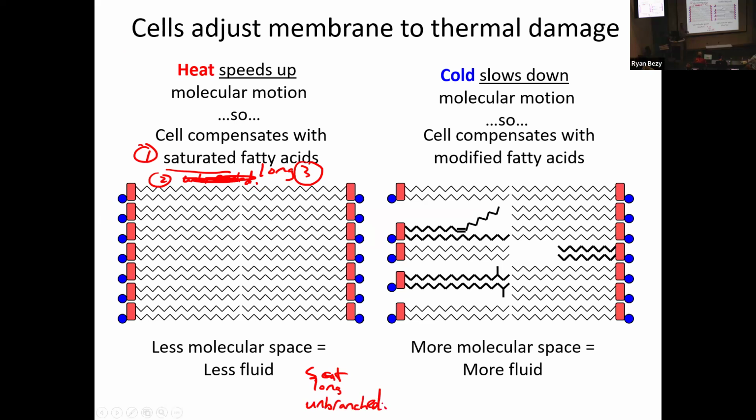The idea with all of those is it crowds the phospholipids closer together. And with less molecular space, it's harder for the phospholipids to move, or they're less fluid. If they're less fluid, they're less likely to melt apart. Questions about that?